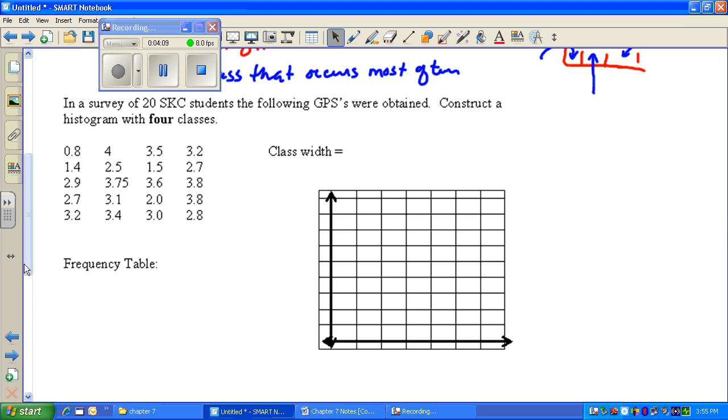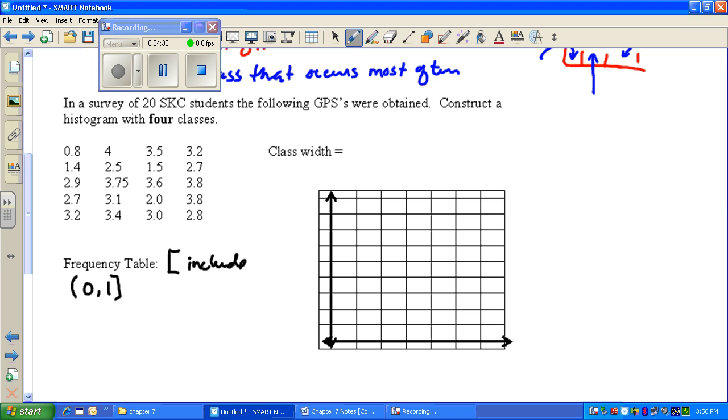So here's a survey of 20 SKC students and their GPAs. We're going to construct a histogram with 4 classes. So my class is going to go, I'm going to put a parenthesis, a 0, a 1, and then a bracket. Now what you have to realize is the bracket says to include. So this bin goes from 0 to 1, including anything with a value of a 1.0 GPA.